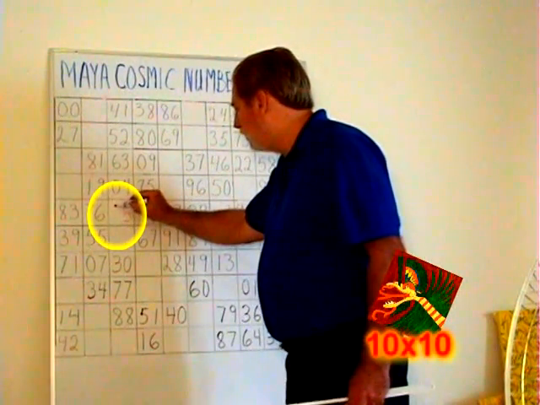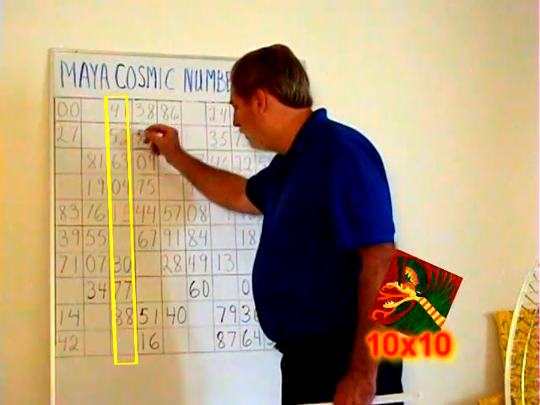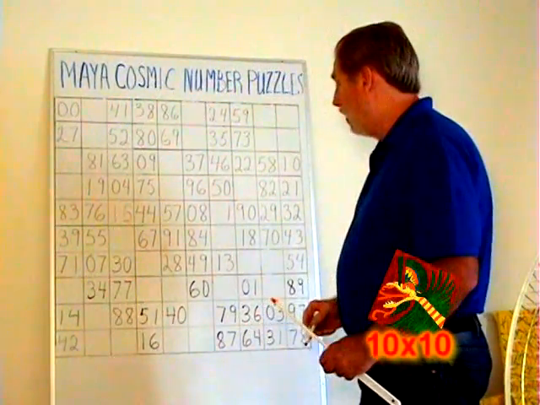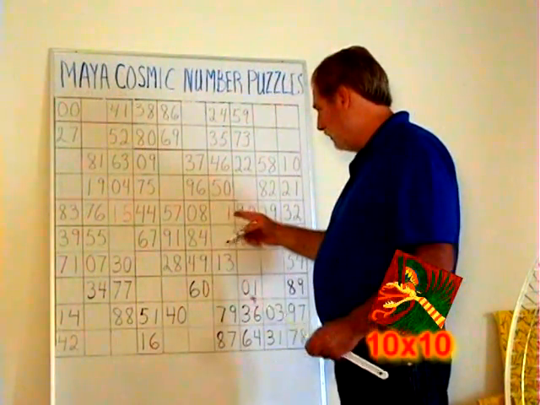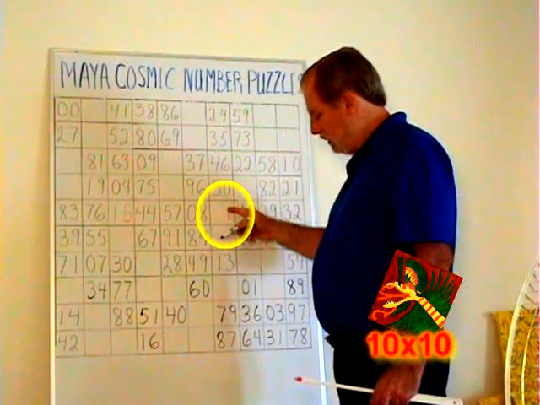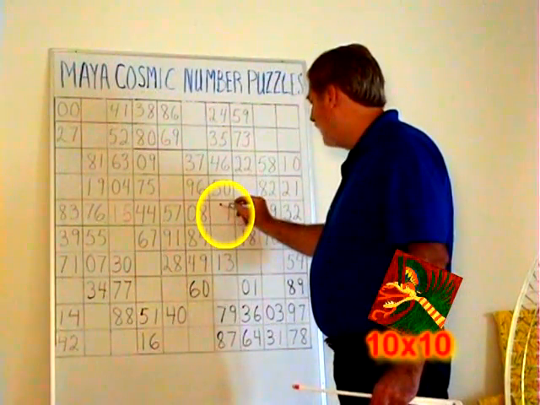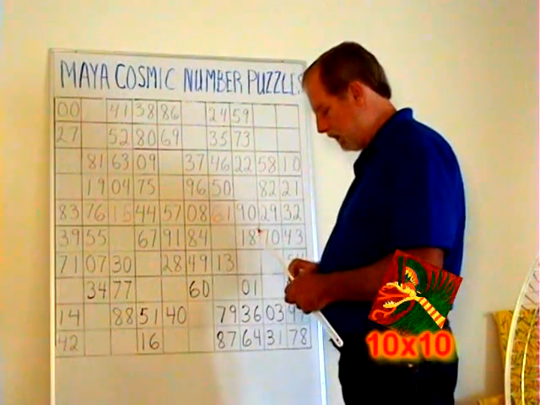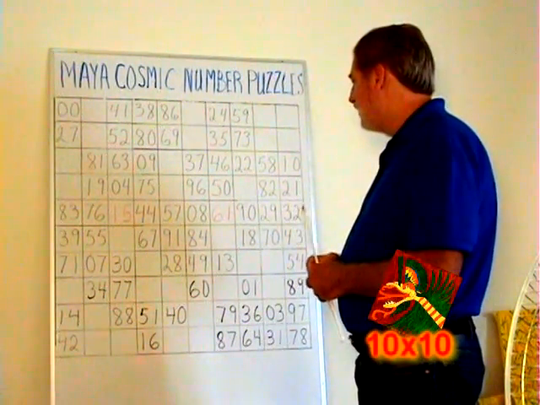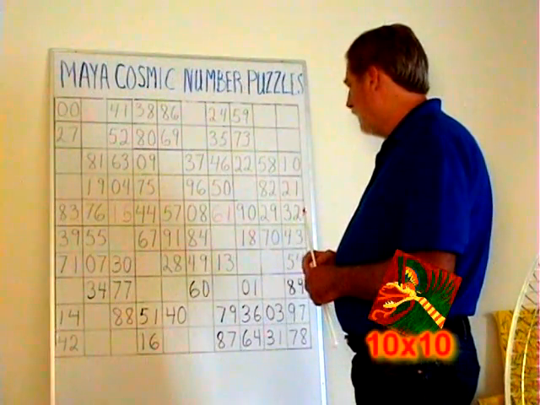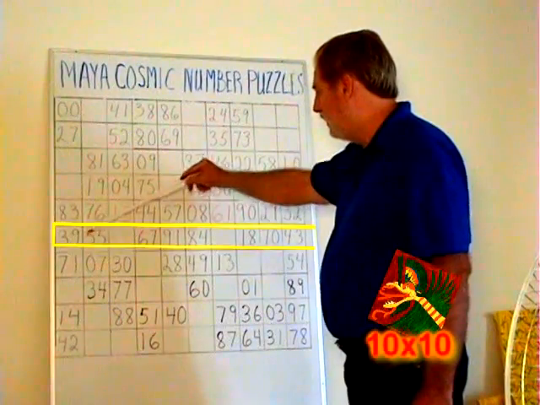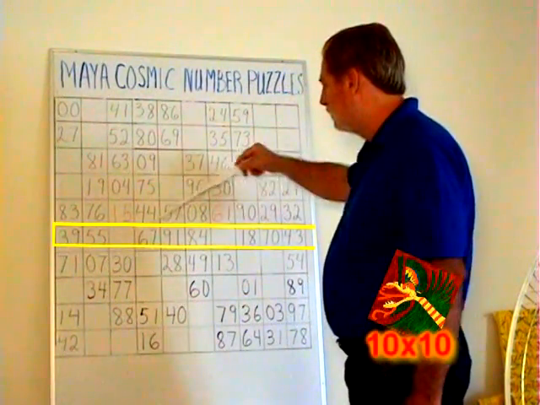It's going to go over here, where there are no 1s in that column. Then we have left the 6, and the 6 will go here. That completes that row.